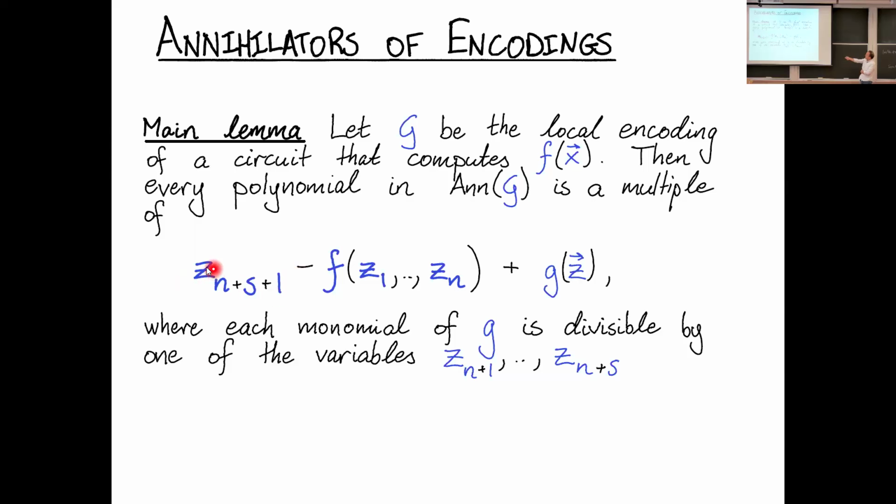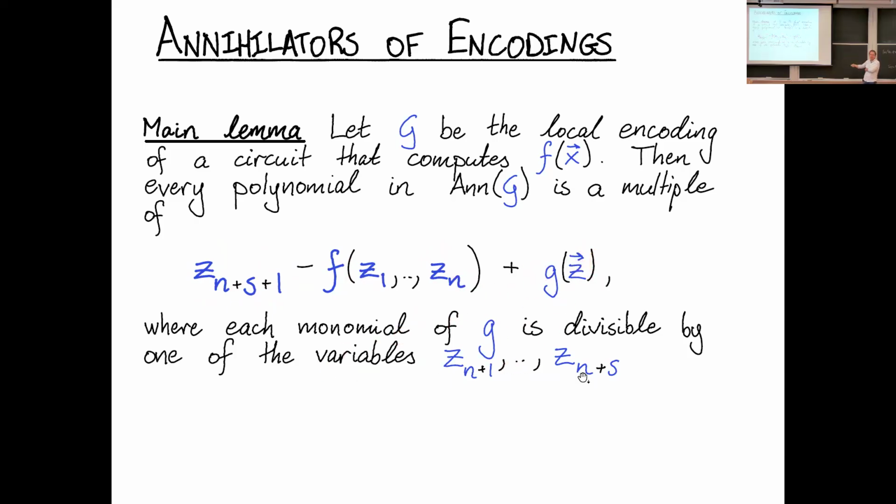And what is that polynomial? Well, you have some variable, say z_{n+s+1}, the variable that would correspond to that output of the circuit, minus the polynomial f on the first n variables. So this looks like the y minus determinant we saw earlier. It's similar to that, but now there's some extra error term g here. But the point is this g has some structure.